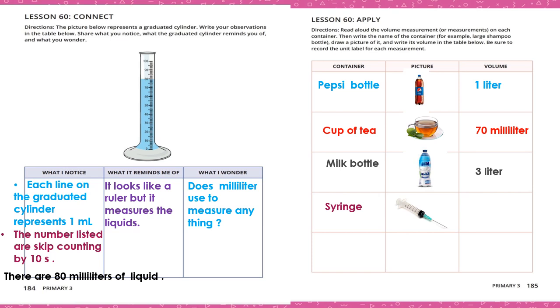Yes, it's a small amount, so its volume may be 5 milliliter or 3 milliliter. The last one, feeding bottle. Its volume is 200 milliliter. The suitable number and unit is 200 milliliter.